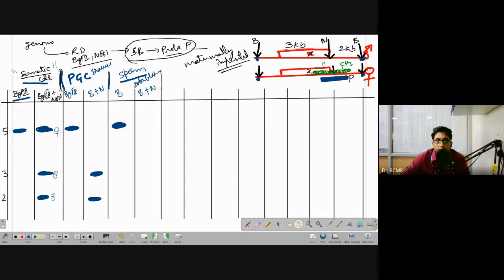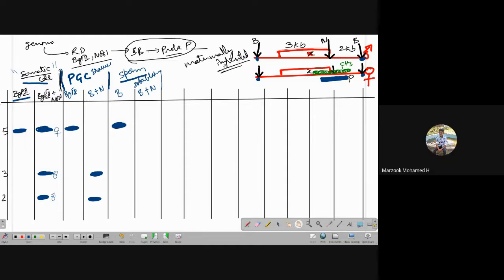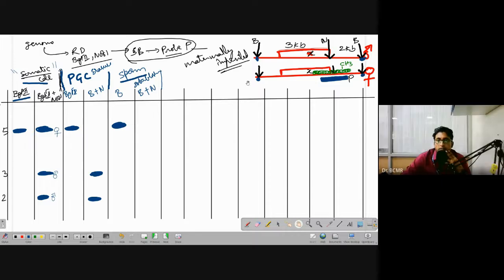What state would you expect? This I'm saying is maternally imprinted or maternally methylated. So what would you expect it to be in sperm? Unmethylated, sir. Yes, because sperm is from male, and in a male, the paternal allele is supposed to be unmethylated.